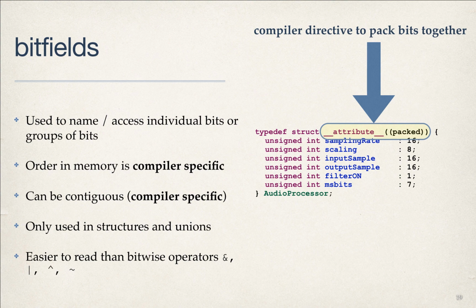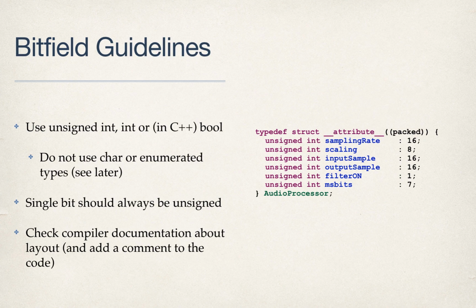However, there's no absolute documented guarantee that that's what will happen. So you would need to check your compiler documentation, use the right directives, and put a comment in to explain how the memory is laid out. You do need to know that information before you use these things. Okay, never assume anything.